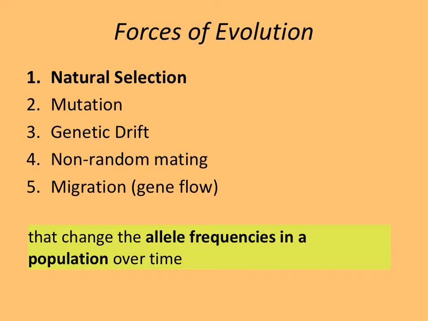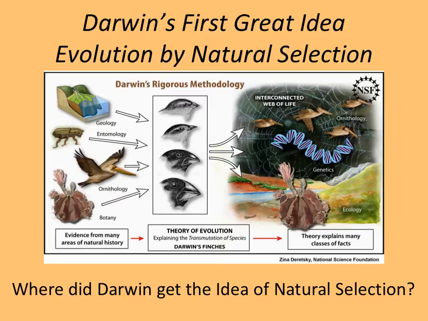Now that's migration. That's going from one population of chickens to another population of chickens. Same thing happens with organisms, leaving a population or coming into a population. So allele frequencies can change because of that as well. Okay.